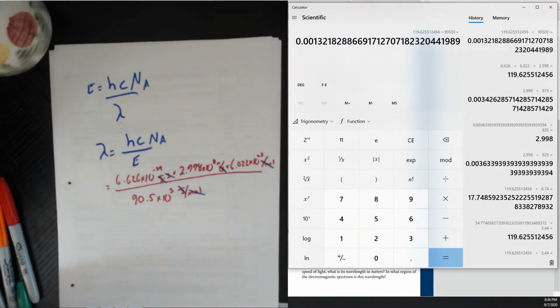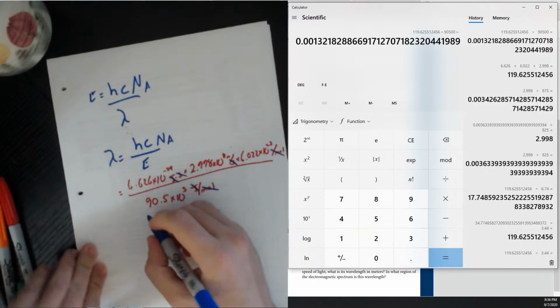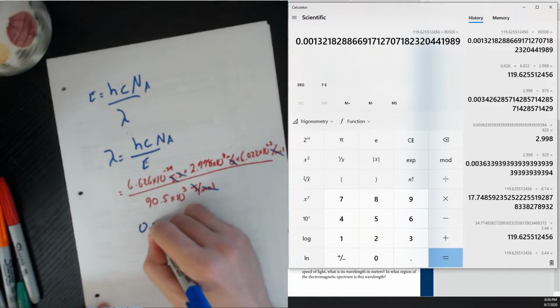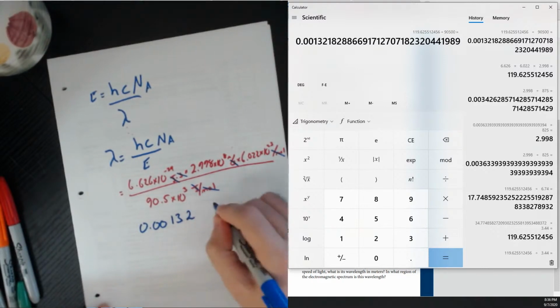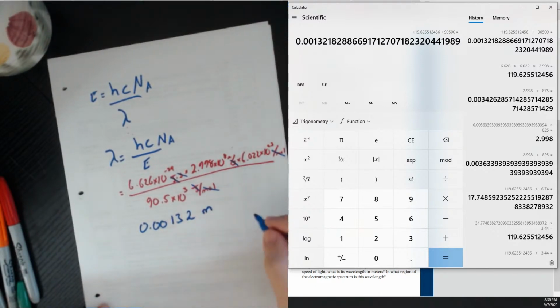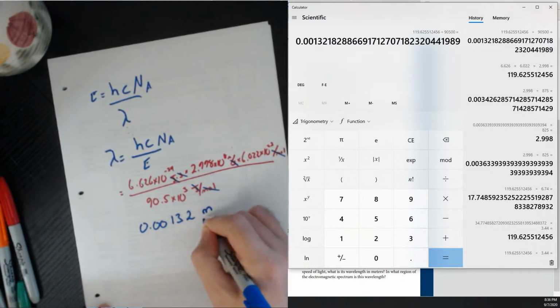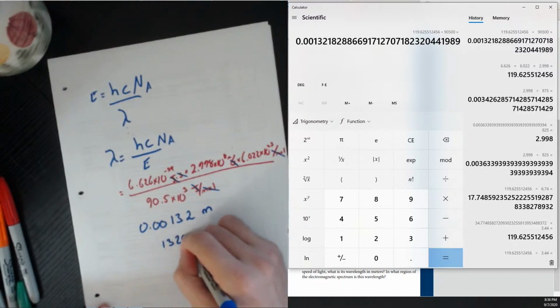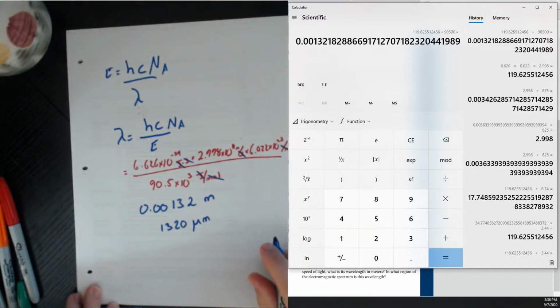Oh, that looks to be in the radio wave region of the spectrum. 0.00132 meters. That's 1, 2, 3, 4, 5, 6. 1320 microns. Yeah, that's out in radar, I think.